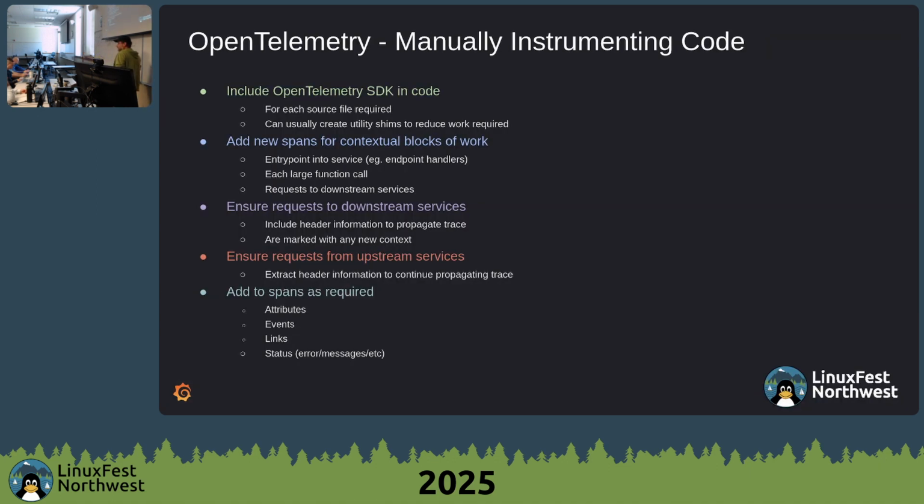There's a couple of ways that you can actually instrument services. So the first is manually. The way that you would do this is that you, or your development teams, say, okay, I've got my code, I know that it does various bits of work, and what I want to do is ensure that I'm going to create spans for each of those pieces of work that marry into a single trace.